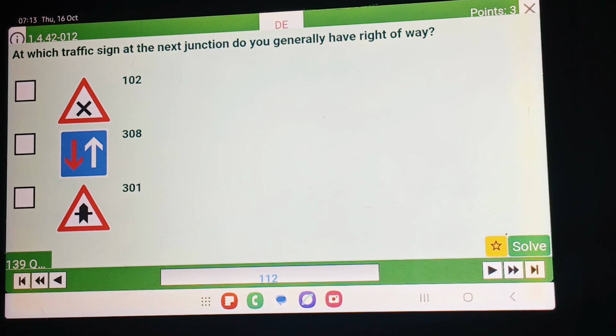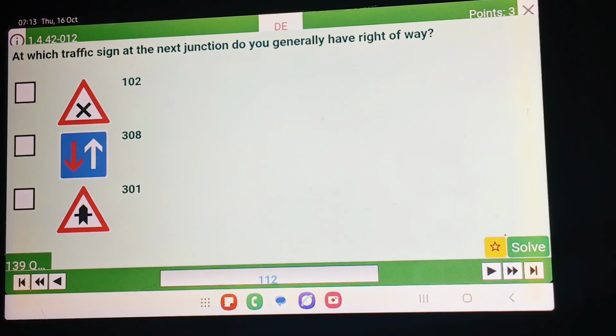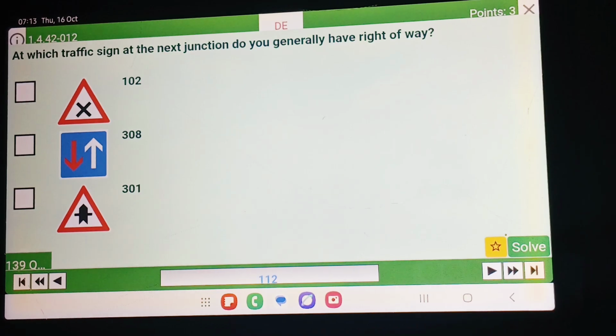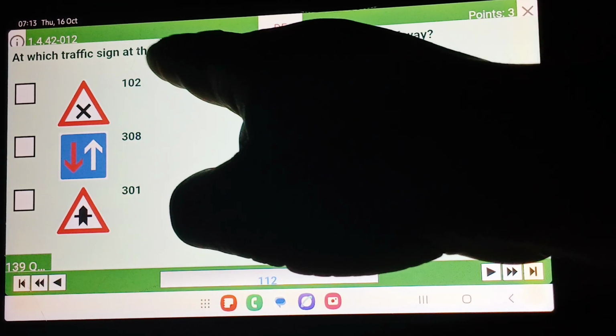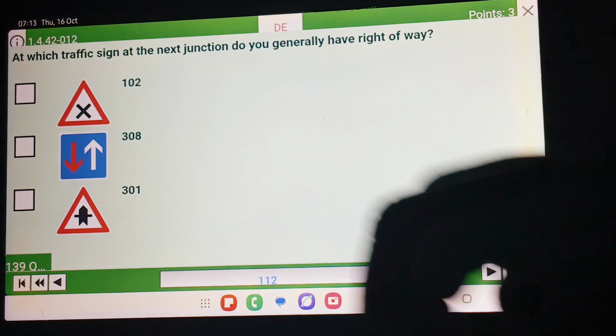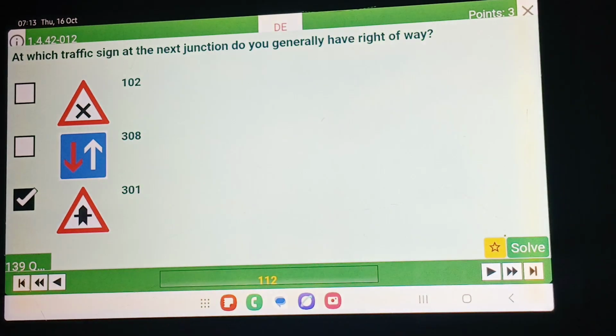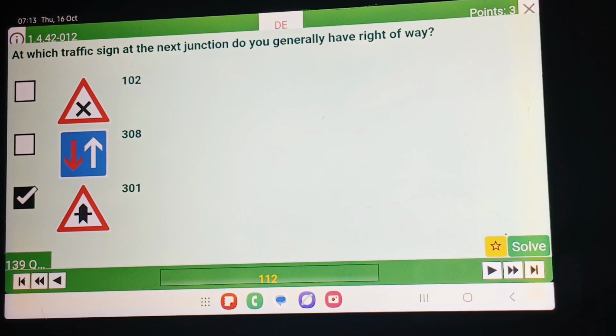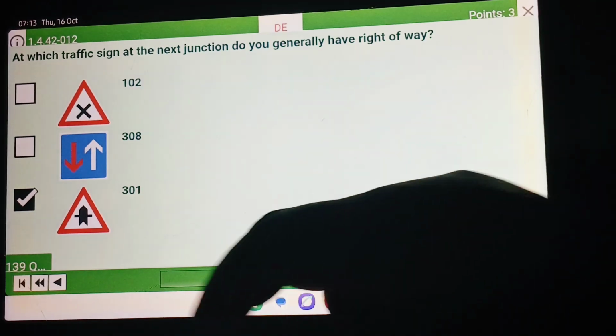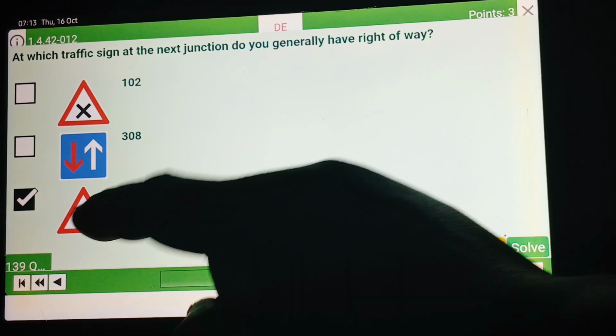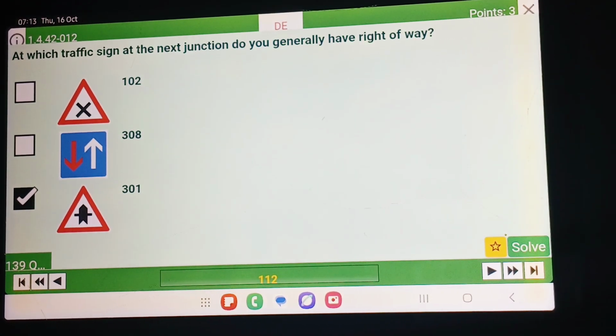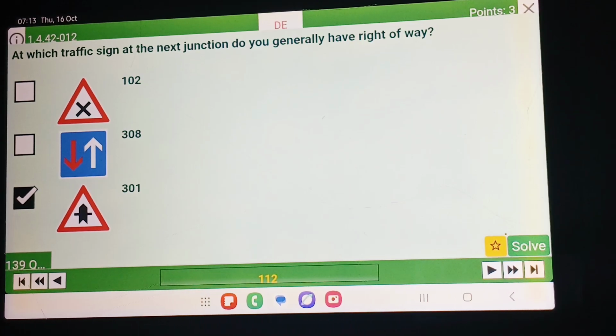At which traffic sign at the next junction do you generally have right of way? Where do you have right of way? At the next junction you have right of way. Whenever you see this sign when driving, it means you have right of way only at the next junction.